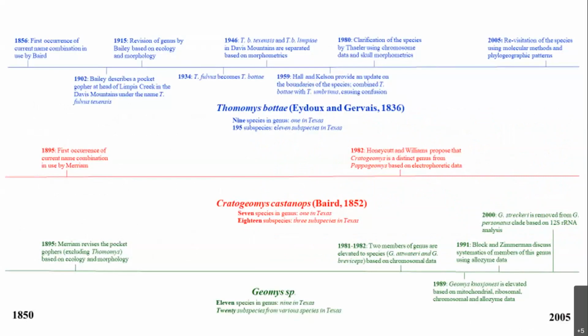So these are the major phylogenetic or taxonomic changes to the 3 genera of pocket gophers in Texas, just in Texas, since 1850 to the early aughts. As you can see, at least for Thomomys, there were a lot of phylogenetic revisions happening, and a couple also happened for Geomys and Cratogeomys. So it's time for a new update, and this is what our project hopes to add to.